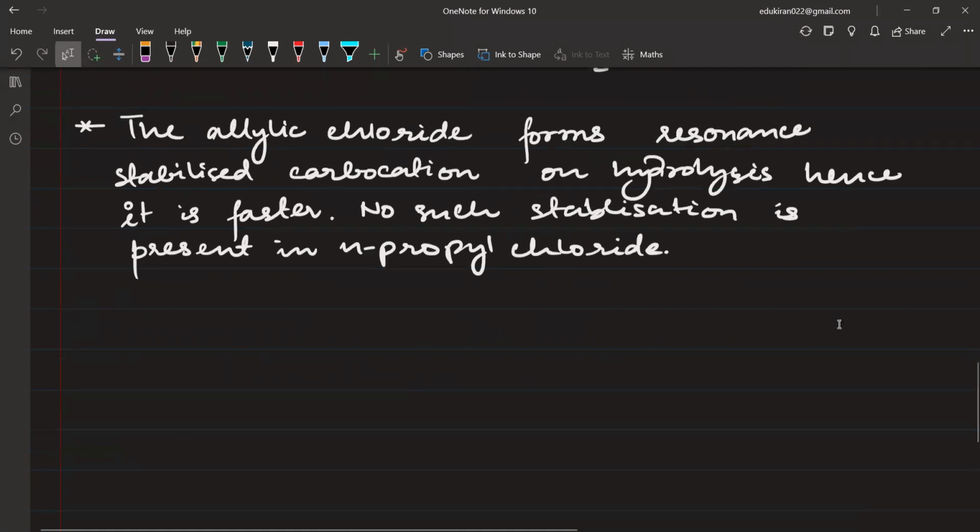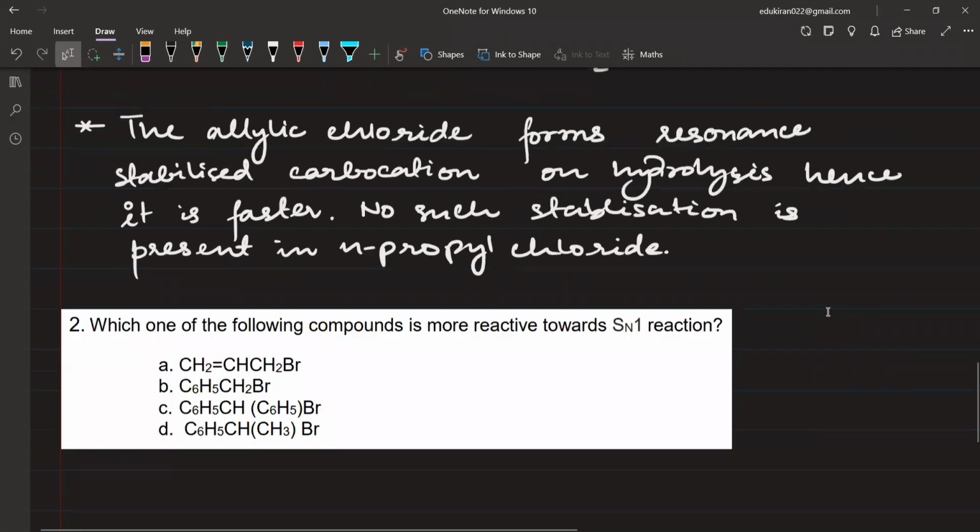Similar question is this one. Please write this down. Which one of the following compound is more reactive towards SN1 reaction? SN1 में आपको हमेशा क्या देखना है?